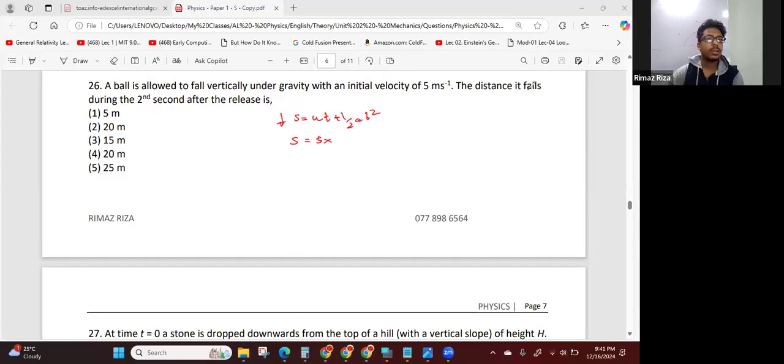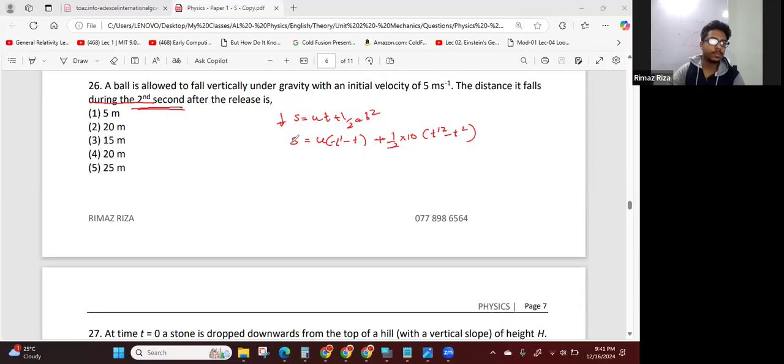The distance it passed during the second step, so I can write it like this: u into t dash minus t plus 1 over 2 times 10 into t dash squared minus t squared. I want the distance covered during the second step.